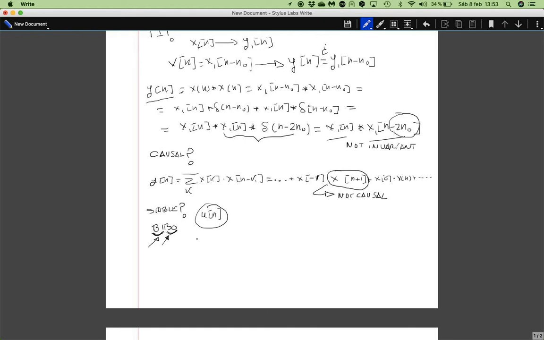So let's do that. If we use the signal u[n], you know what type of signal it is. It's like that, the Heaviside step. You have this value where this is 0, this is 1, this is 2, this is 3, all the way to the right.